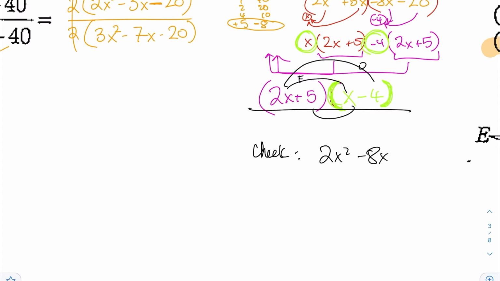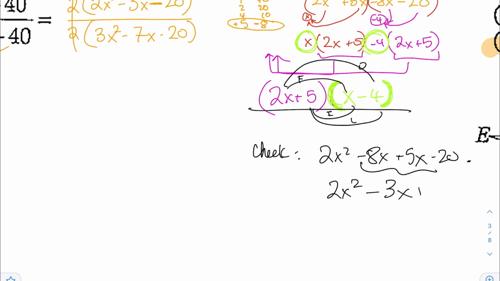The inner is +5 times x, or plus 5x. By the way, that's where you get these two from. And the last is +5 times -4, which is -20. And -8x and +5x are like terms. So you get 2x squared minus 3x minus 20, which is exactly what you have right over there.